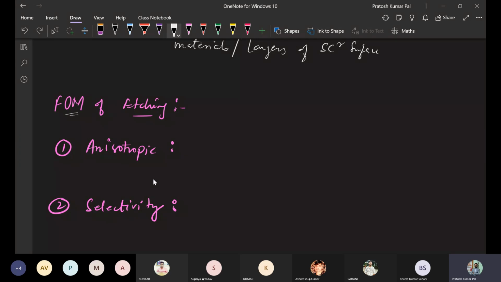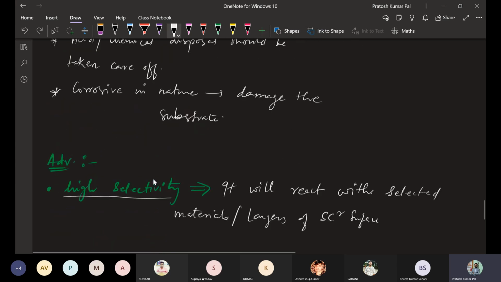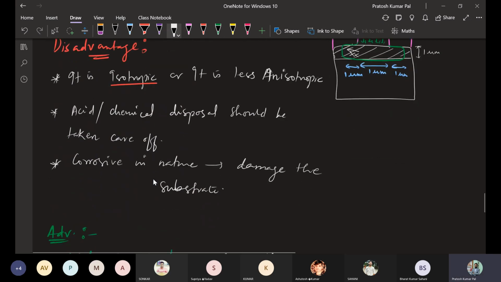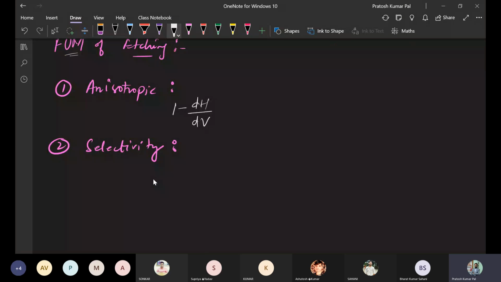That is defined by the term 1 minus dH by dV. That means what is the movement in the horizontal direction and what is the movement in the vertical direction. So if the horizontal movement is 0, that means there is no horizontal movement, then the anisotropy will be 1. Okay, so that will be the ideal case.